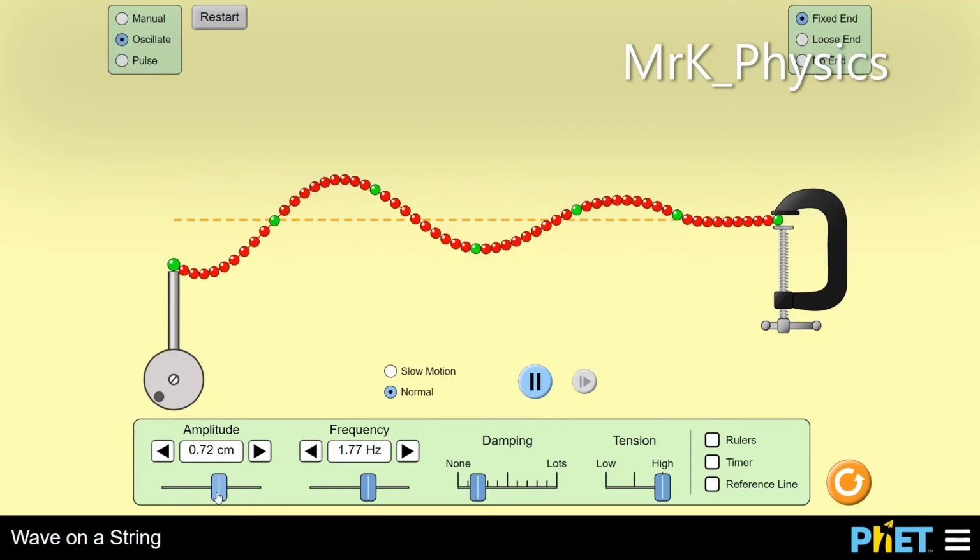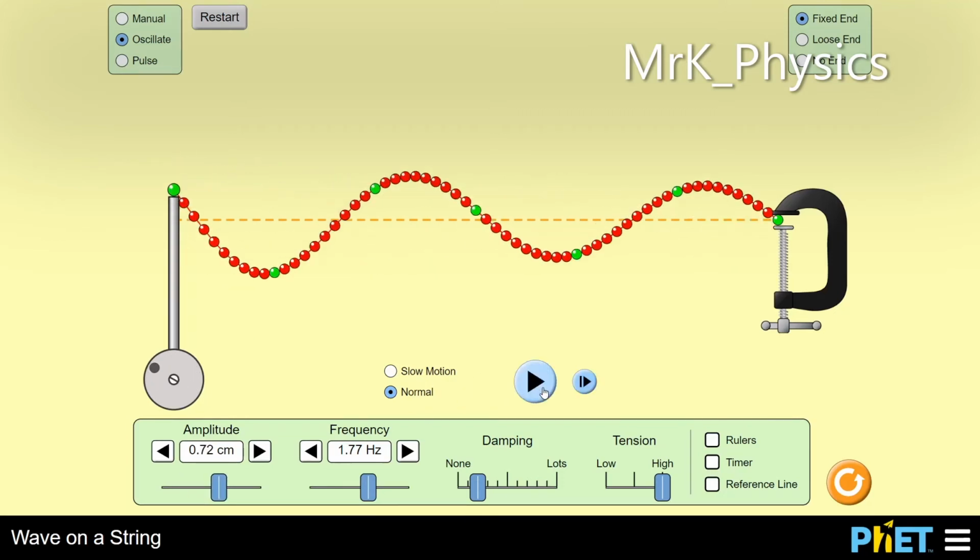Let's have a slightly bigger amplitude, and if I pause it there, from this trough to this trough will be one wavelength, or from this peak to this peak will be one wavelength, or this rest position, not to the next adjacent rest position, but the one after, because that, if you follow my mouse cursor, that's one complete wave, so one whole wavelength.